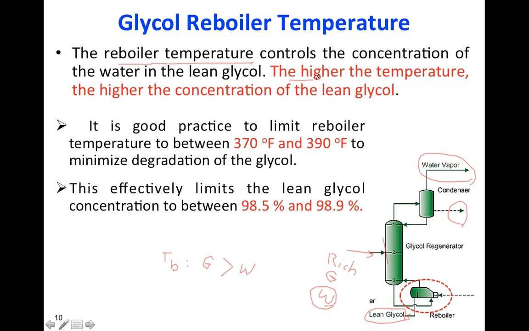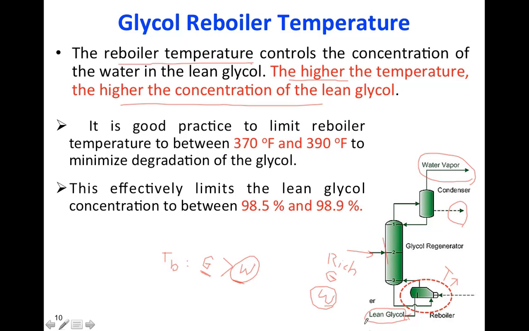The higher the temperature, the higher the concentration of glycol. Why? As I said, glycol has a higher boiling temperature than water. So in the reboiler, if I increase the temperature, more water will leave the glycol and go to the top of the column.